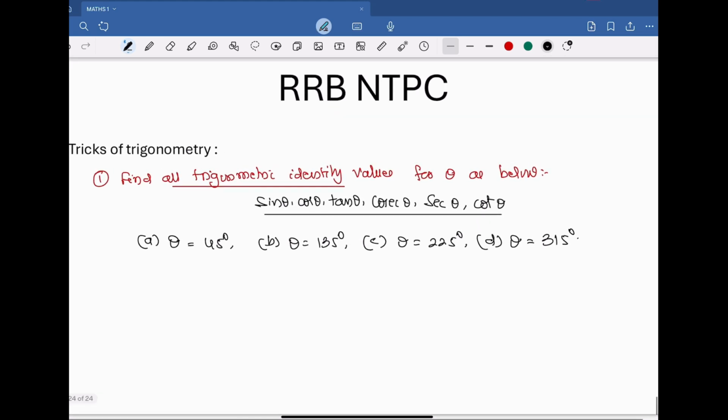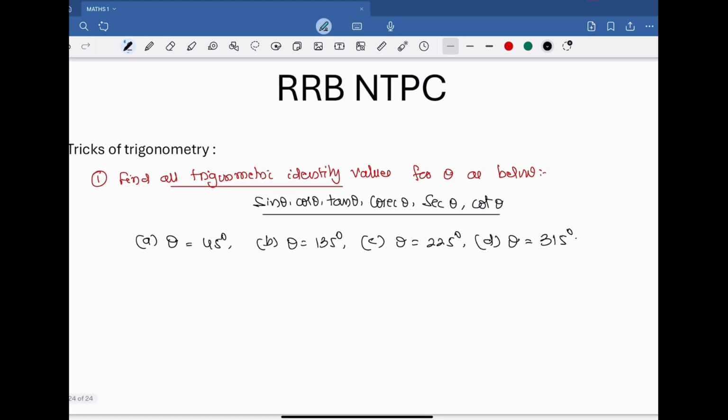Then another set: E, theta is equal to 60 degrees. B, theta is equal to 150 degrees. C, theta is equal to 240 degrees. D, theta is equal to 330 degrees.